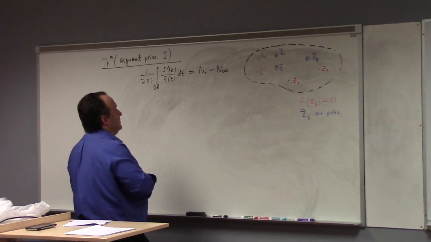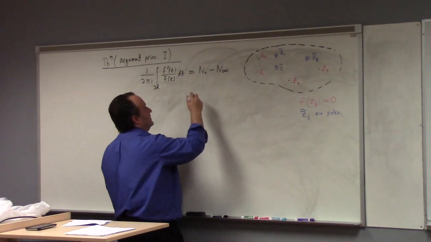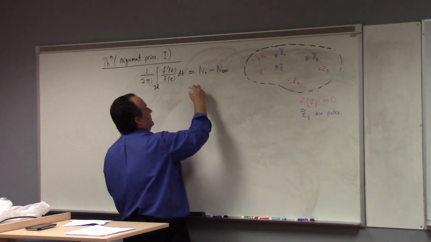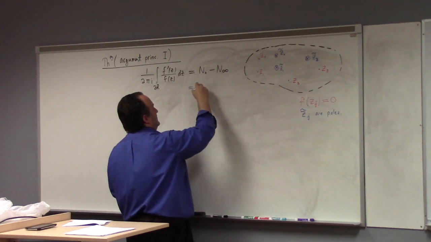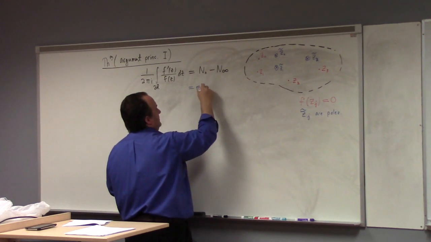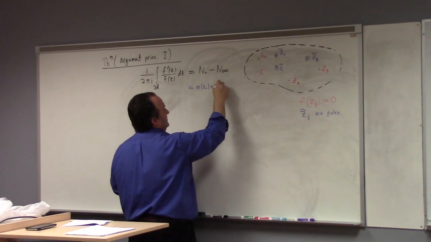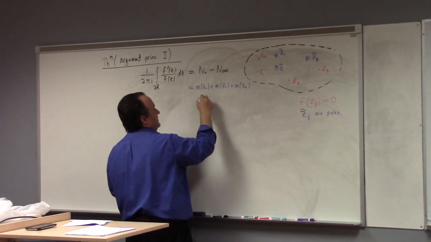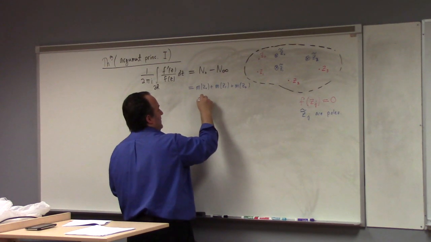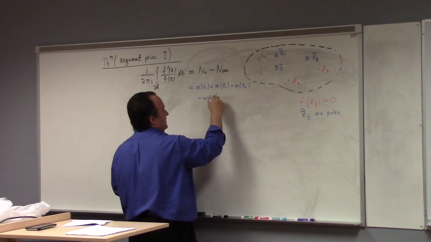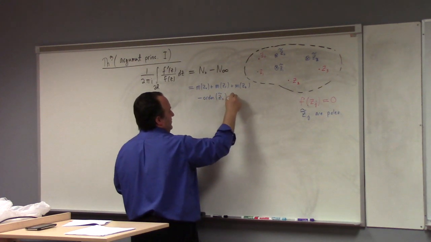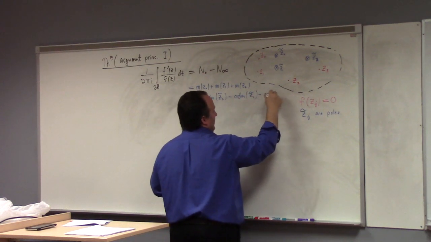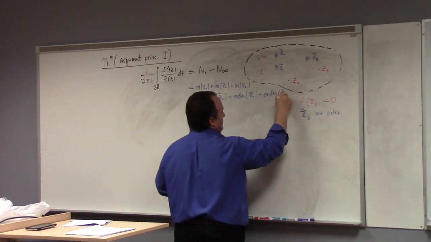And in this particular instance, you'd have the multiplicity of z0 plus the multiplicity of z1 plus the multiplicity of z2, minus the order of the pole z tilde 0, minus the order of z tilde 1, minus the order, I regret making so many, z tilde 2.